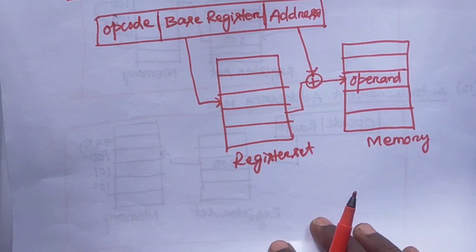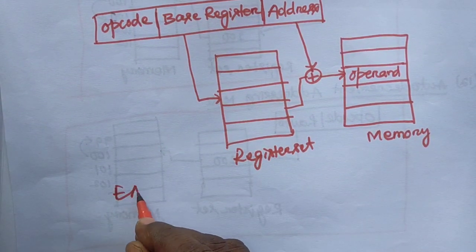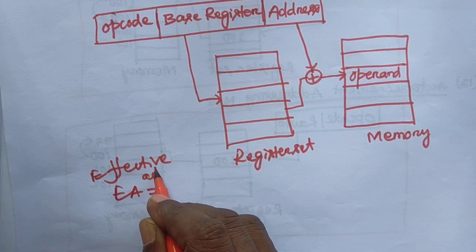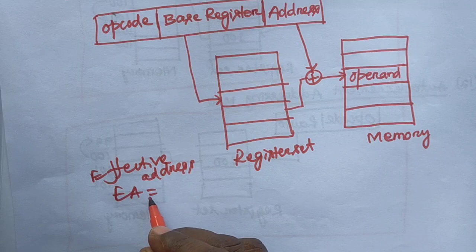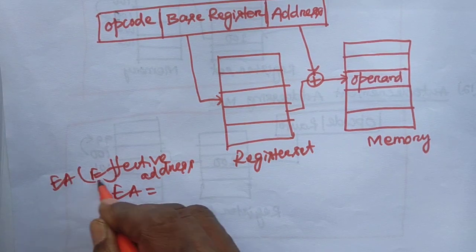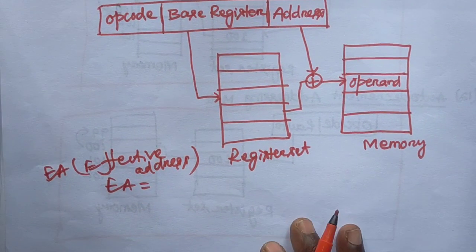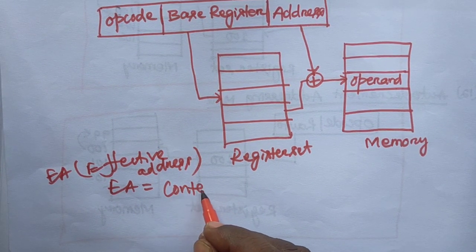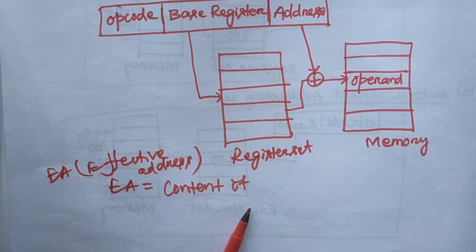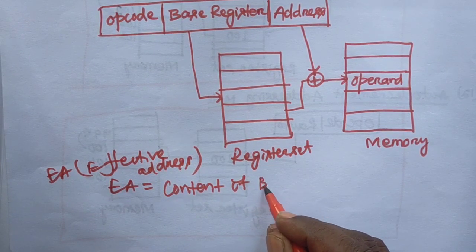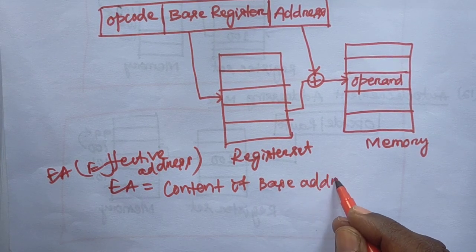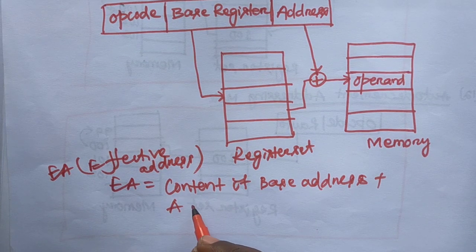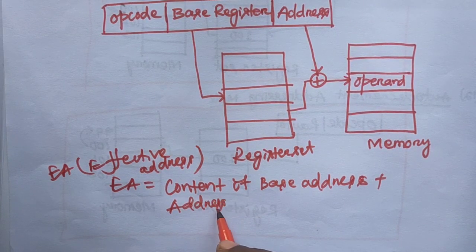In this case, we can also define the effective address, EA. How do we define the effective address? The effective address is the content of a base register plus the address part of the instruction.